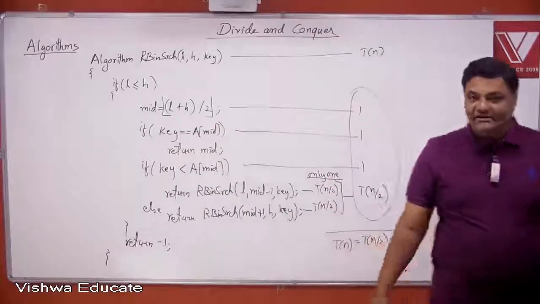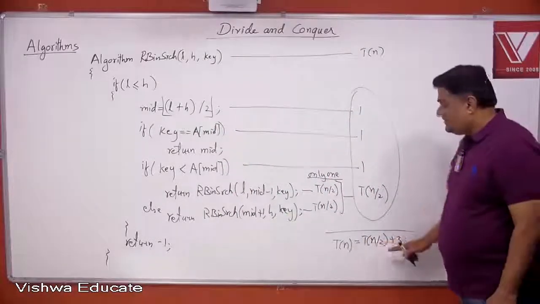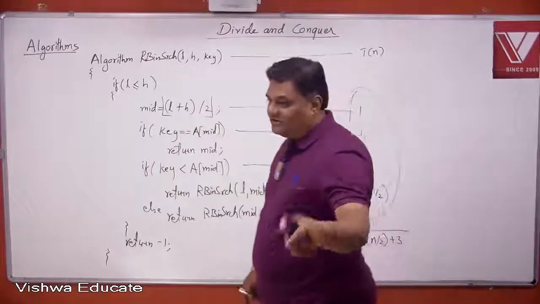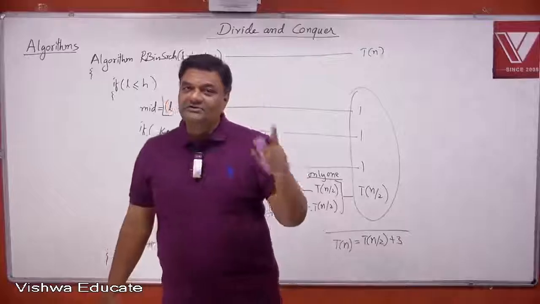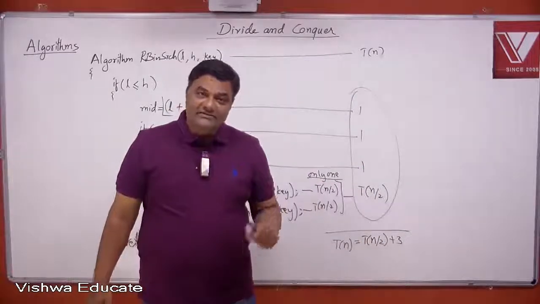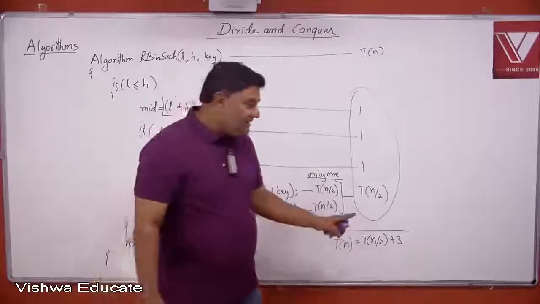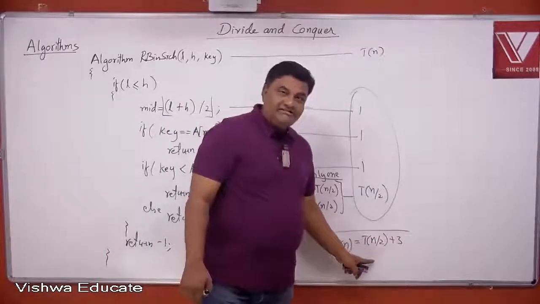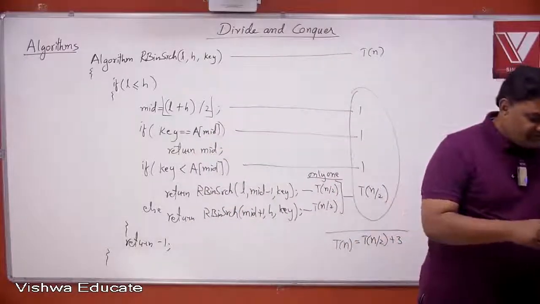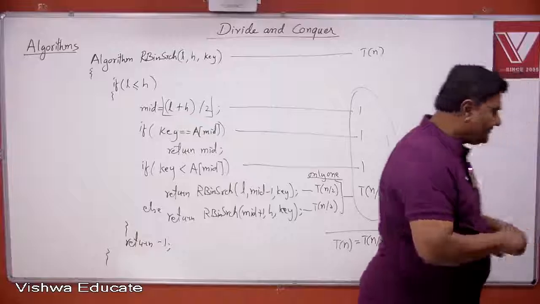This is the time complexity. See, we got the time. So the time of a recursive function or algorithm is also a recursive function. T(n) is defined in terms of T(n/2). That is recursive. So the recursive algorithm time is also recursive.